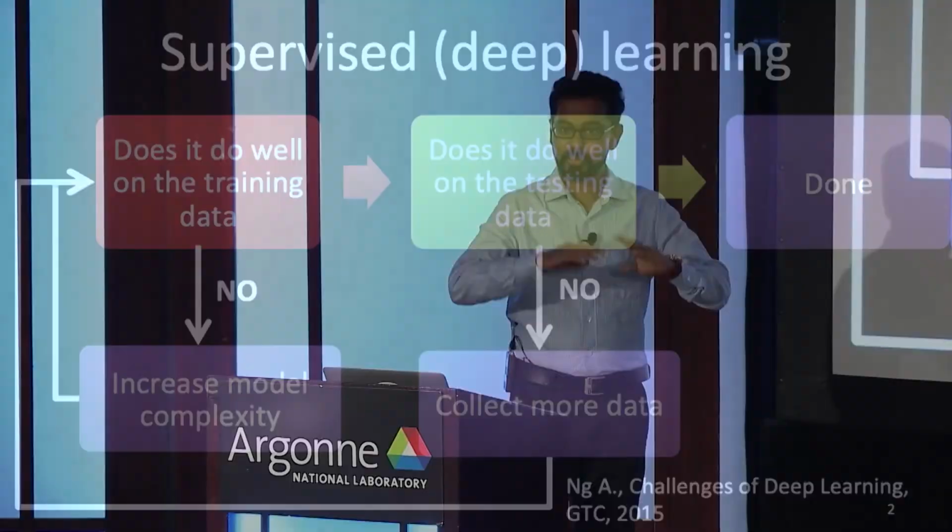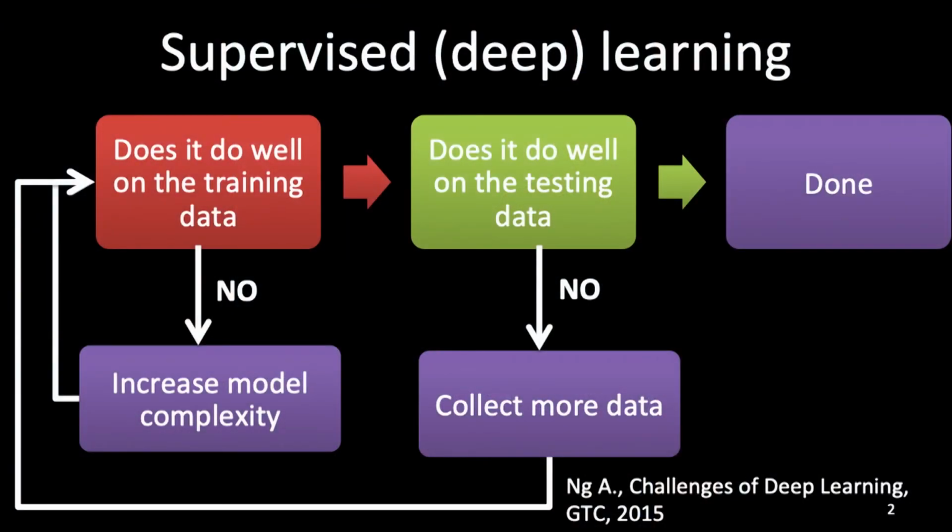Okay, so supervised deep learning. If you take this problem, what is an ideal case? In an ideal case, you build the model and then see if it performs well on the training data. If it does not, you increase the model complexity by increasing the number of layers or finding the right network and so on.